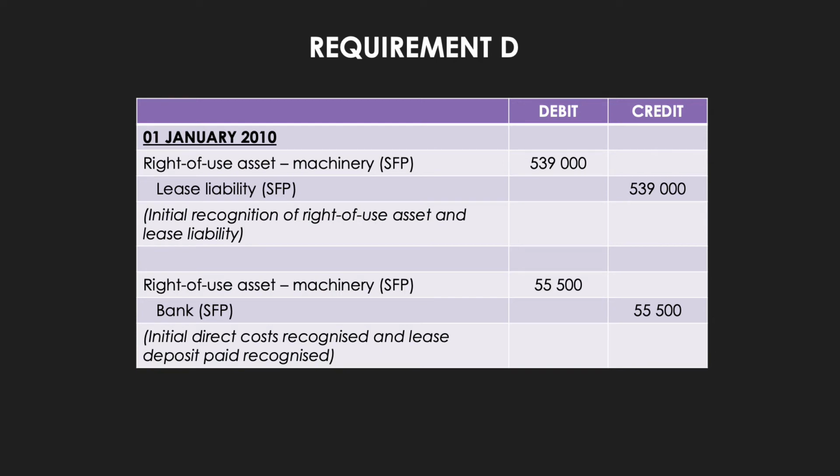And I have put through one amount of 55,500. You could do a separate journal entry for the initial direct costs of 5,500 and then a separate journal entry for the deposit paid of 50,000 Rand. I've just lumped it together because that's easier for me. I'm not repeating the same thing twice, and it just saves a little bit of time if this were a test.